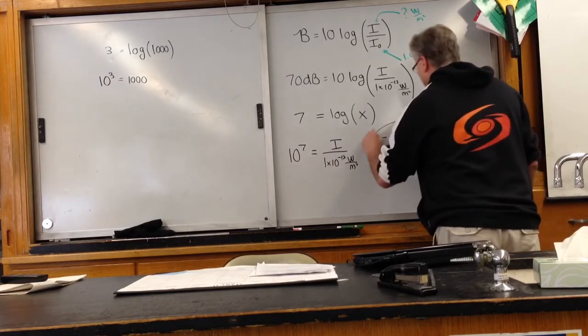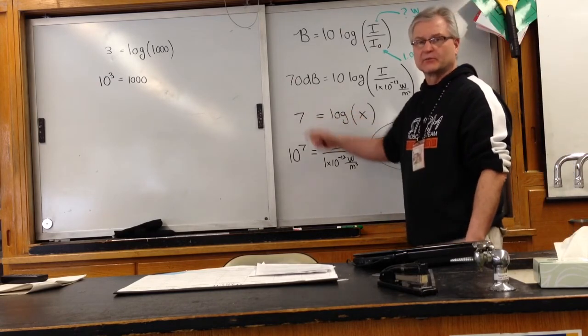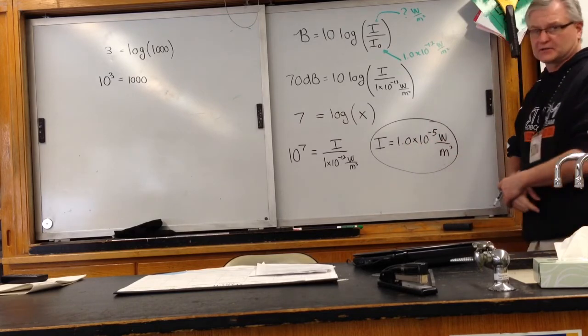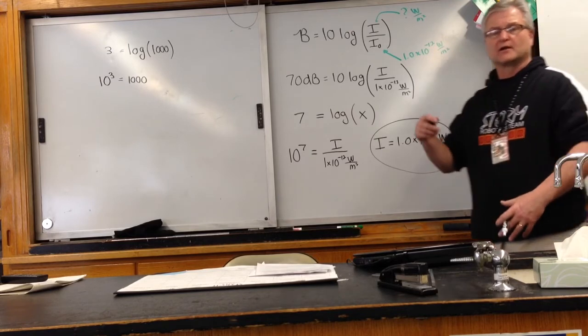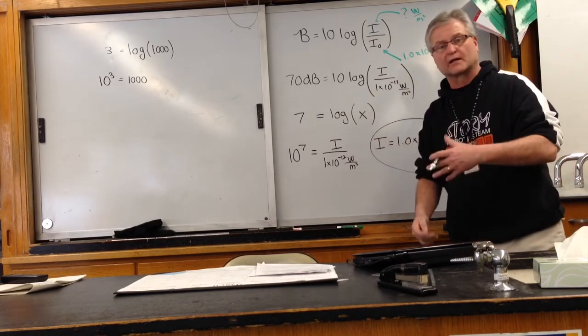So we now have our answer. How loud is something that is 70 decibels? The answer in watts per meter squared is 1 times 10 to the minus 5th watts per meter squared. So we've got a way of converting into decibels, or working our way backwards.